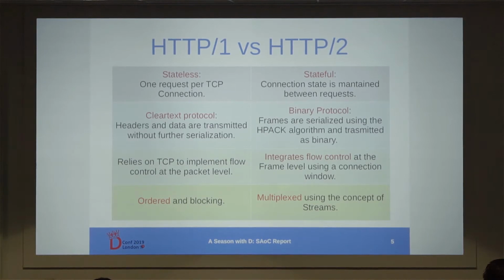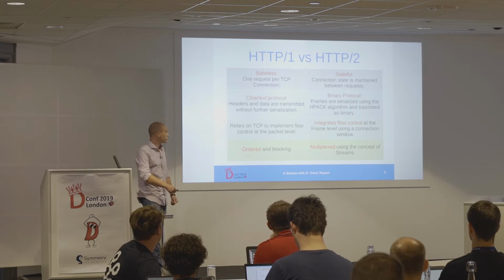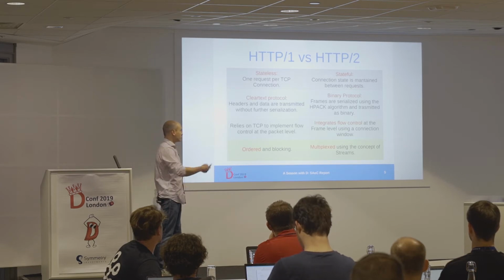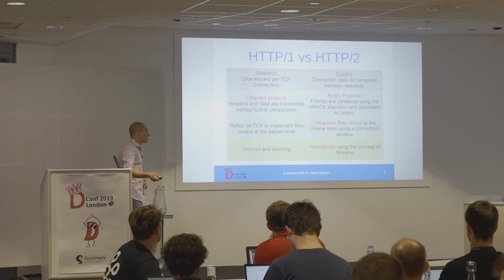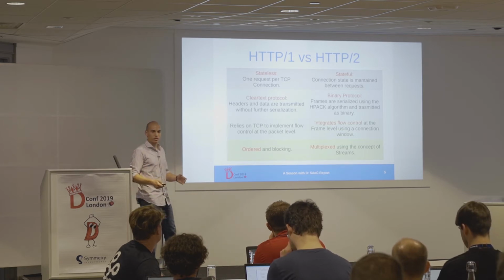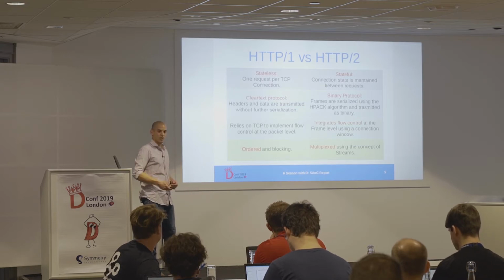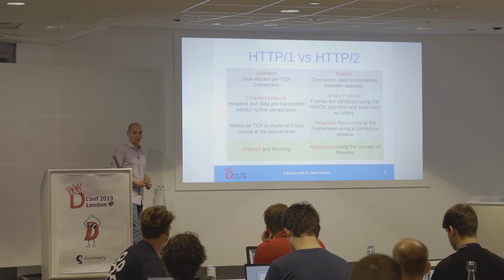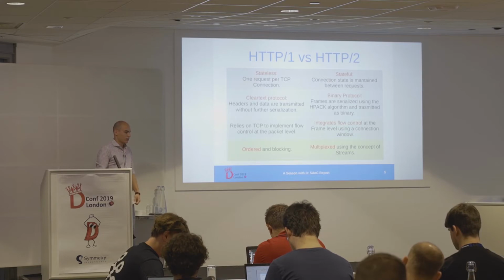It is a binary protocol, which means that you have to serialize everything you send and deserialize everything you receive. And it builds upon TCP to integrate flow control and multiplex various requests on a single TCP connection. This is quite important when coming from HTTP1, because with HTTP1, for each request you need to open a new TCP connection, and this caused many problems when scaling to a large number of requests.